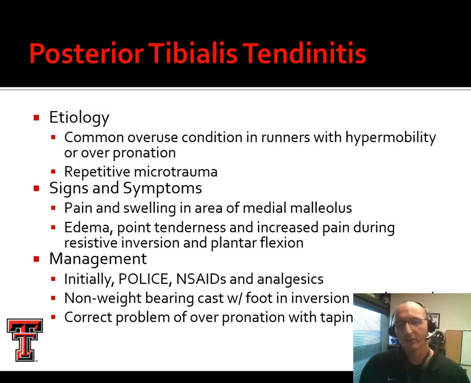It's going to present a lot like your snapping tendon did, but the difference is this is on the medial side, and usually it doesn't snap, it's just tender. We're going to manage this with optimal loading, protection, ice, compression, elevation. Oral anti-inflammatories and analgesics will be beneficial here. This is usually going to be benefited most by an orthotic or with taping.